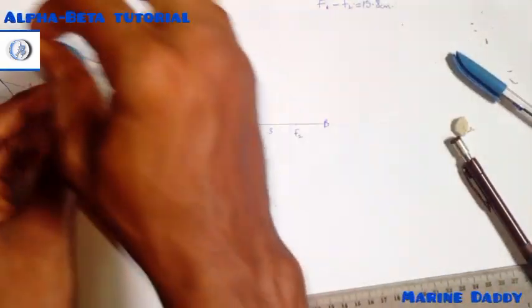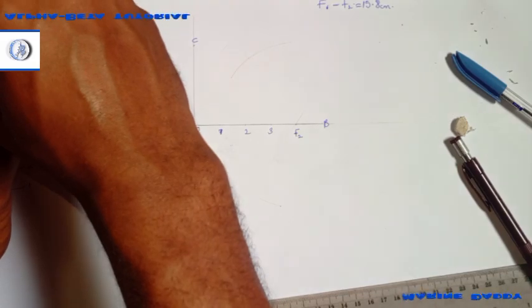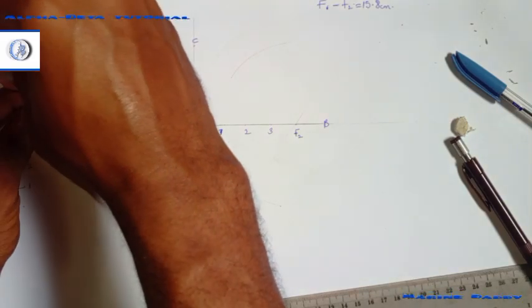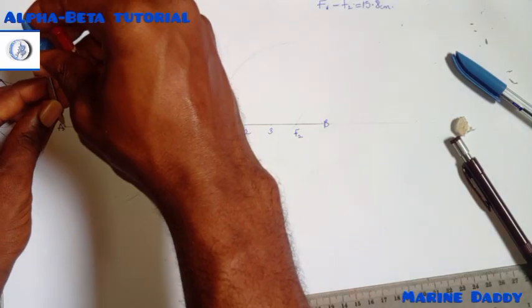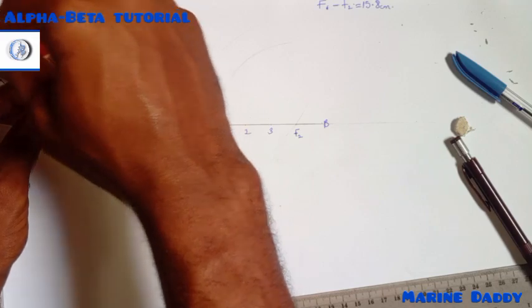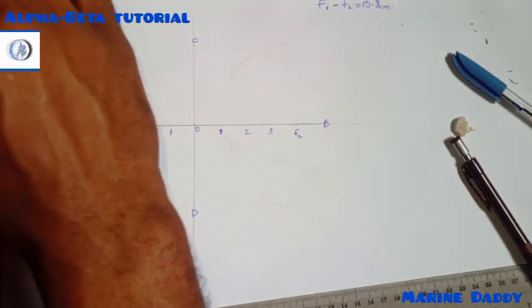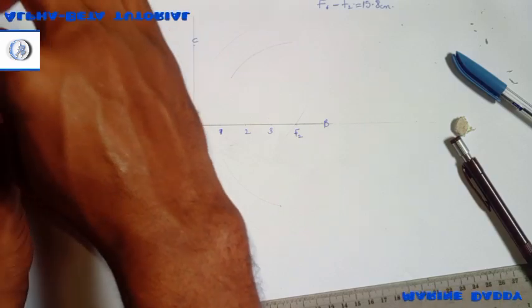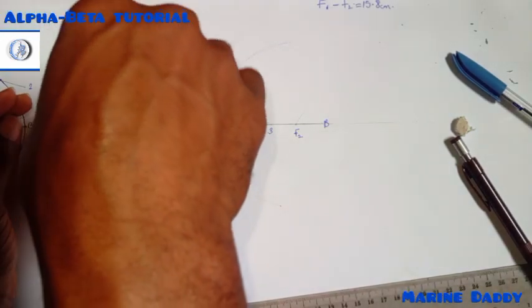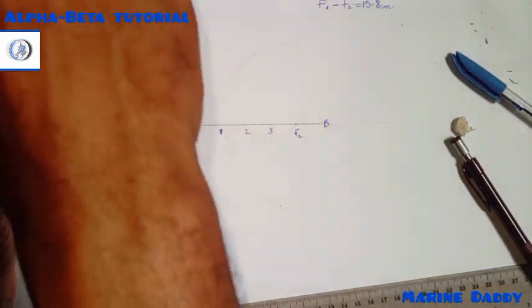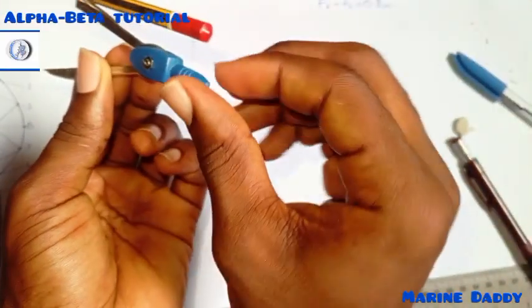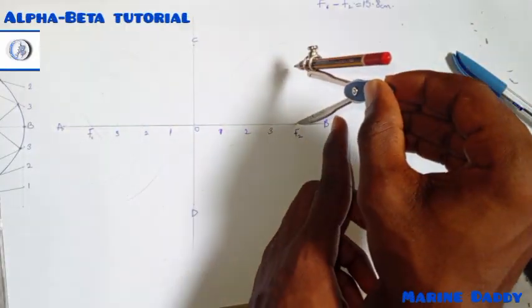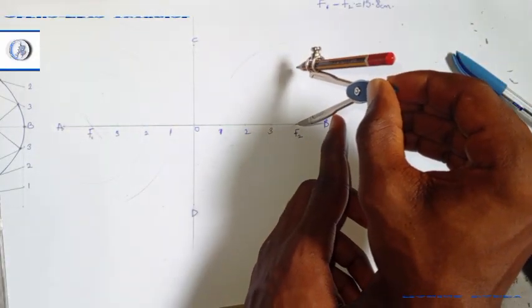Okay, next one, I'm going A to 3. A to 3. Put it at F1. Go to F2.